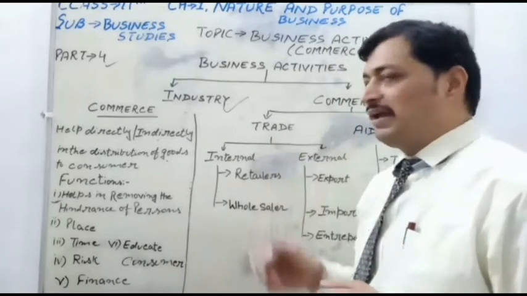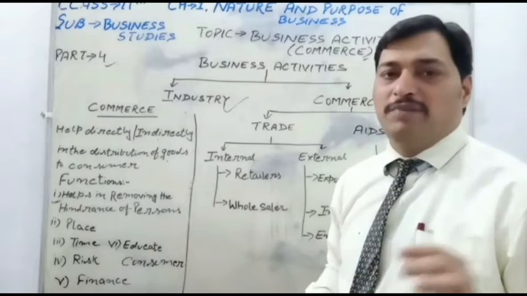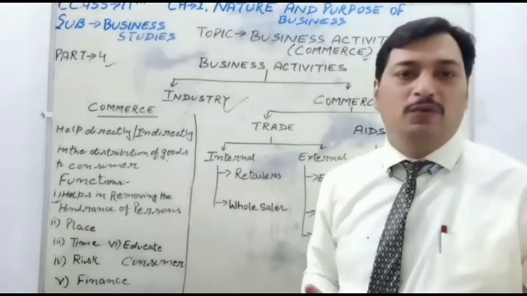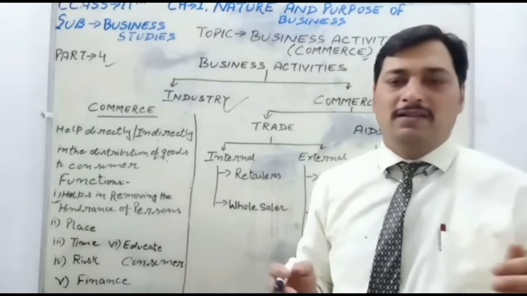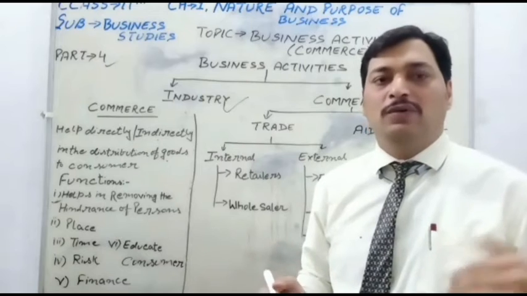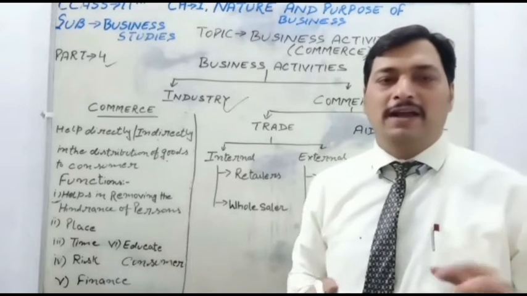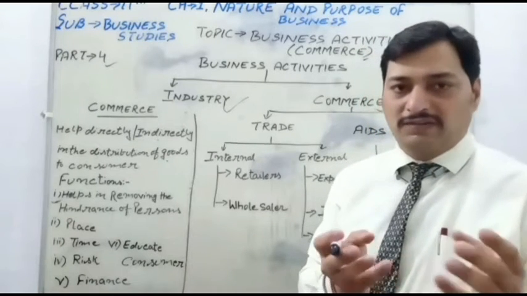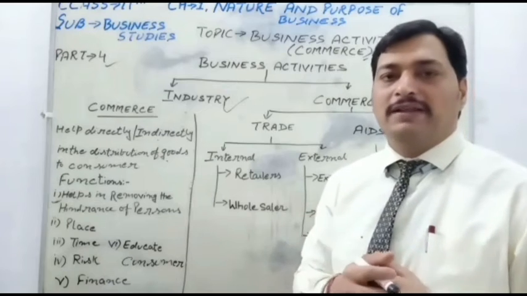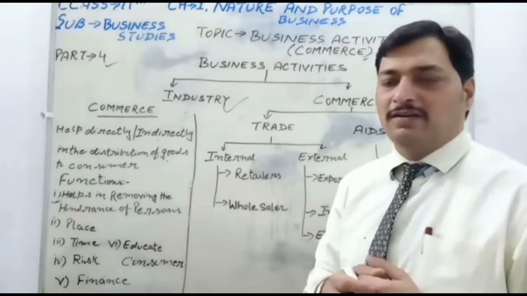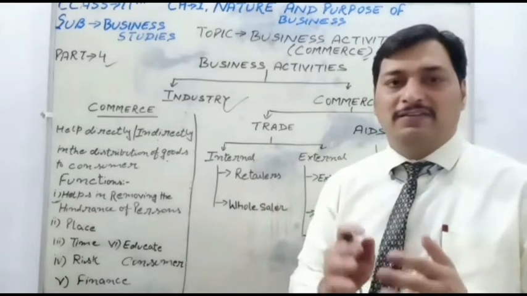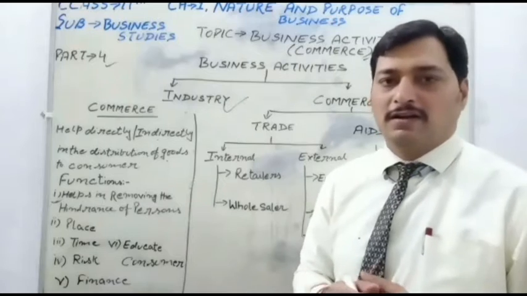So commerce creates a link between the manufacturer and the consumer, so that the consumer comes to know about the nature of the product and which products are produced by the manufacturer. Commerce makes a relationship between the manufacturer and the consumer.